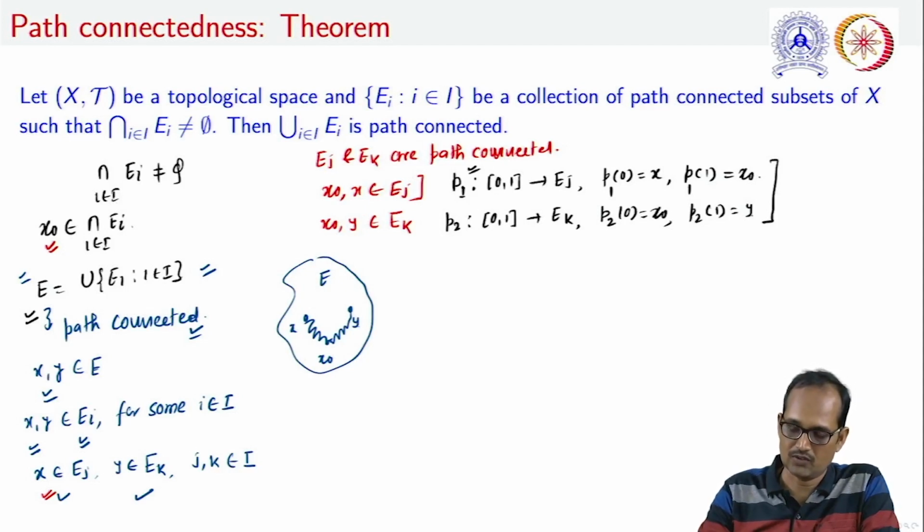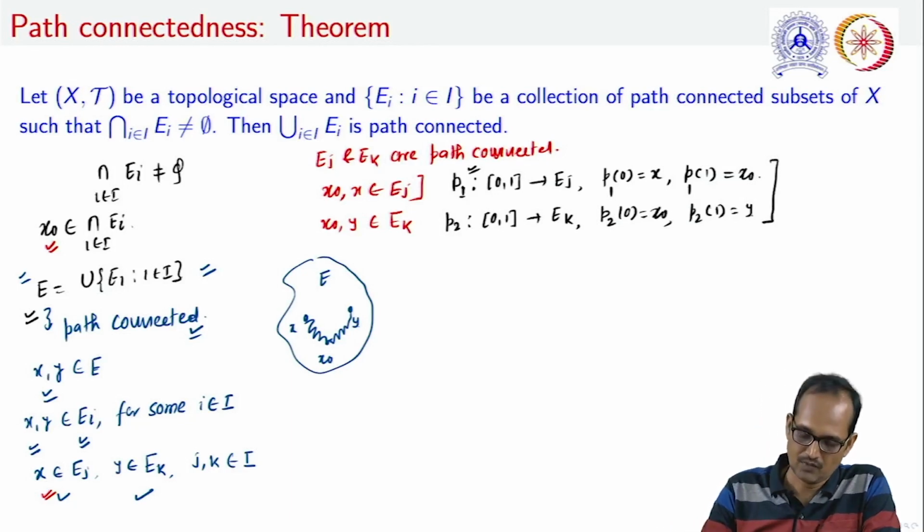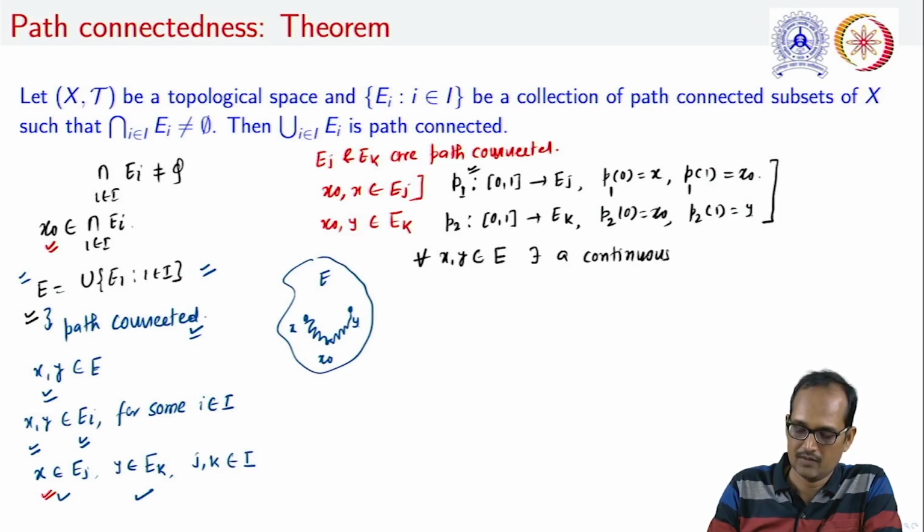So using the construction based on the pumping lemma, which we have already studied in the previous lecture, we can deduce that for all x, y belonging to E, there exists a continuous function P from [0,1] to E such that P(0) is equal to x and P(1) is equal to y.